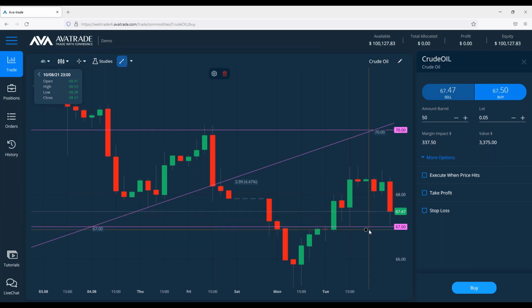If I take a buy here, I can lose. However, I believe according to my analysis that if it gets to 67, it can go to 70. It would make more sense to me.